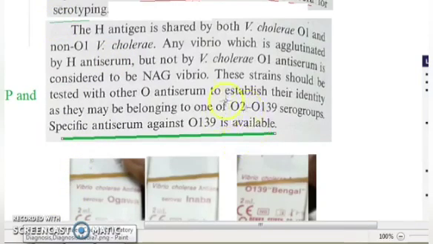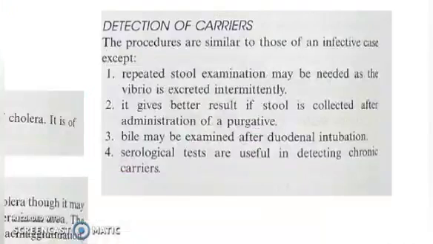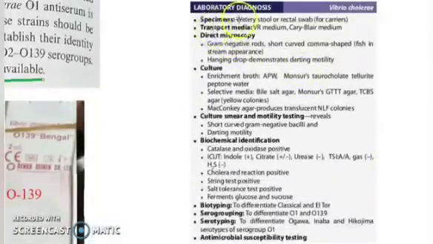Fine. So that will be the non-O1 strain. Actually, this completes the lab diagnosis of Vibrio cholerae. See, we have done specimen collection, transport media, direct microscopy: gram-negative bacilli, curved, comma shaped, fish in stream appearance, and hanging drop demonstrating darting motility.